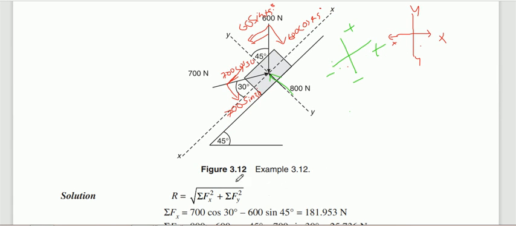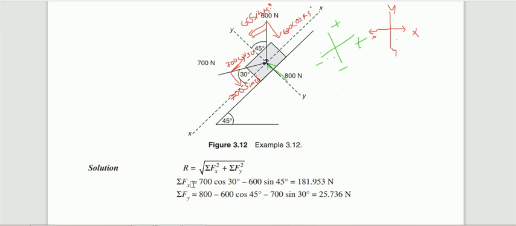That is 700 cos 30, you can observe, that is summation of Fx. 700 cos 30 is in the positive direction and 600 sin 45 is in the negative direction. Observe the direction I have written and just simplify. Similarly, how many vertical forces are there now?